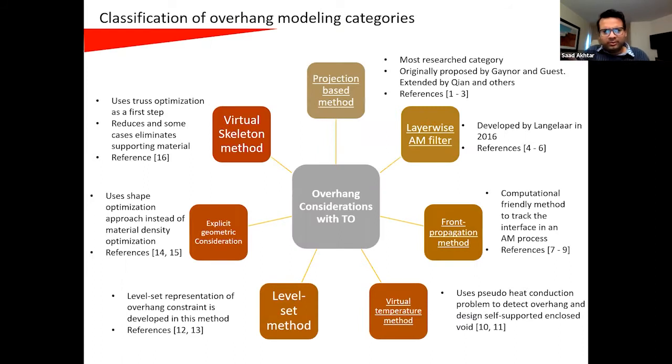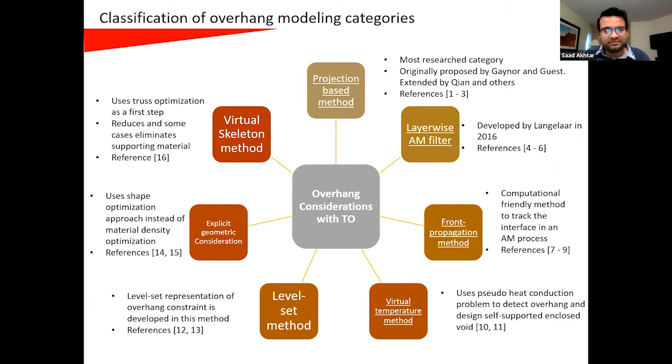So we conducted a very thorough literature review of different modeling methods whereby you could consider the overhang within the topology optimization approach. And these are the 7 categories that most of the research lies within. I'm not going to go into the detail of every one of them, but we'll talk very briefly about them.